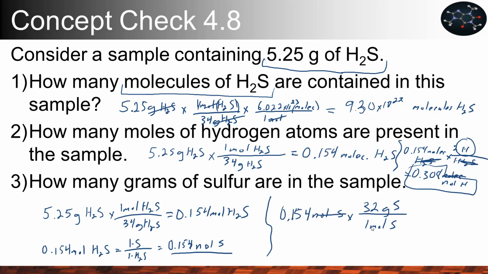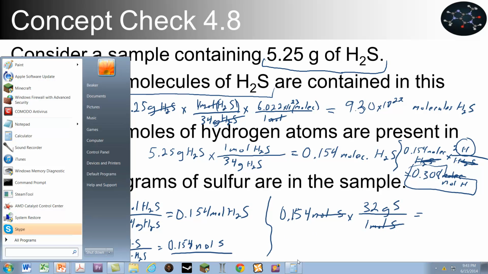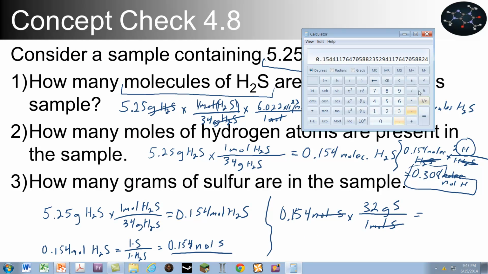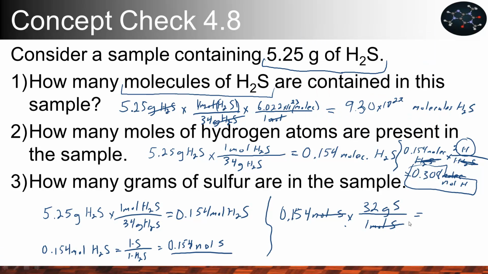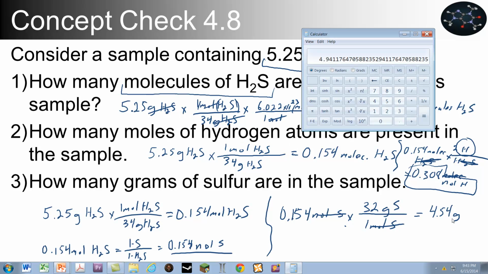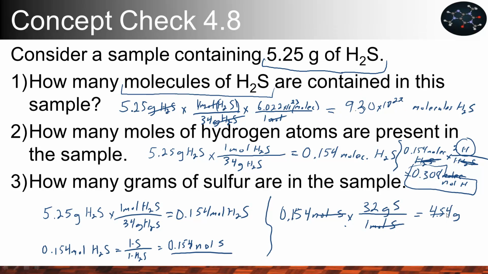So moles of sulfur cancel, we're left with grams, and we pull out a calculator, multiply by 32, you should get something like 4.94 grams, sorry, 4.94 grams of sulfur. And so most of that sample is sulfur. There's a little bit of hydrogen in that 5.25 grams, but most of it looks like it's sulfur.